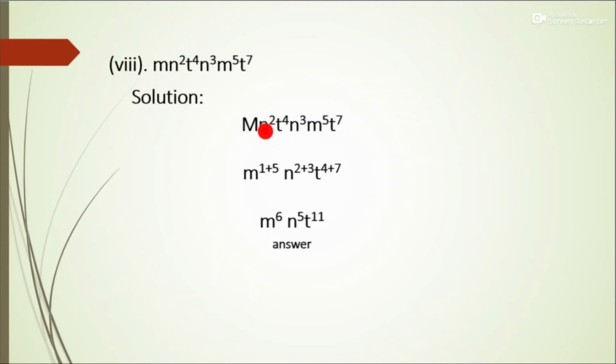Now second, N power of N2 and power of N3 we can write in this form. T power 4 and T power 7 are the same. Now 1 plus 5 is 6, and 2 plus 3 is 5, and 4 plus 7 is 11. Now this is the simplified form of this question.